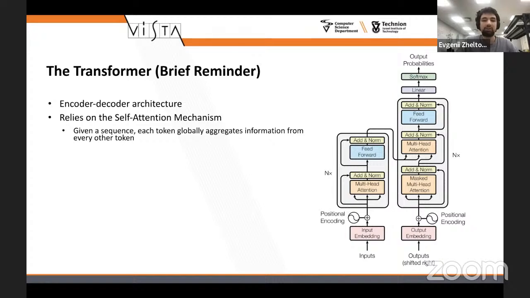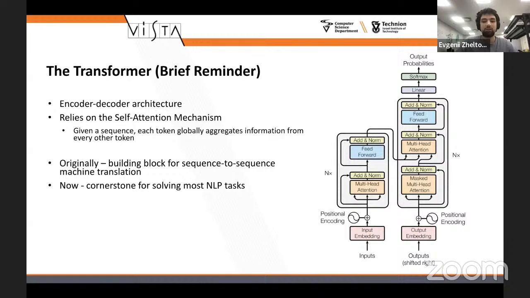And if you have a sequence, we globally aggregate information from every other token. This is different from, for example, convolutions, which use only local information. It started with machine translation, but now it's basically everywhere. NLP is, I think, 99% transformers, and in vision we have transformers now too.